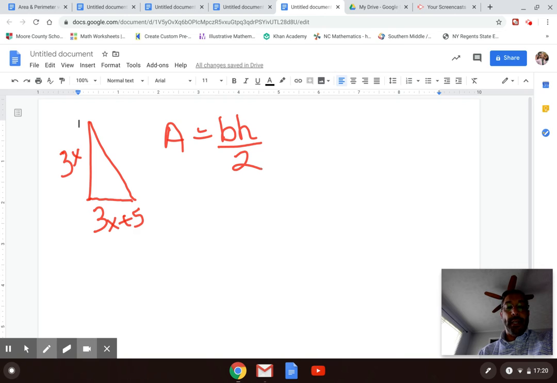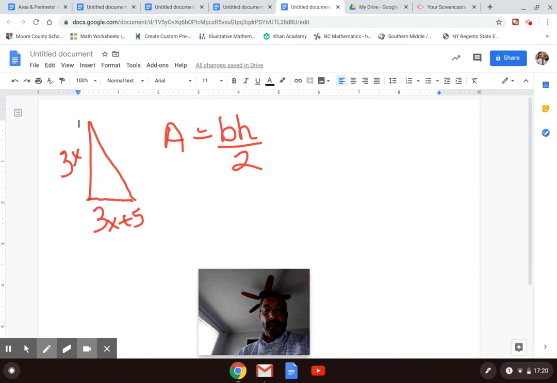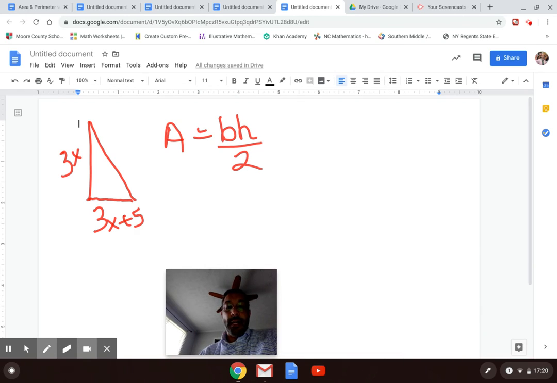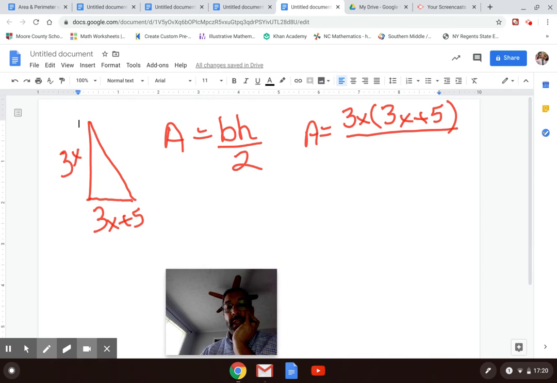So for my triangle then, I would write the area equals 3x times 3x plus 5. Which actually I have that reversed. I mean, this is actually the base here, but we'll still get the same answer. And all of that divided by 2.